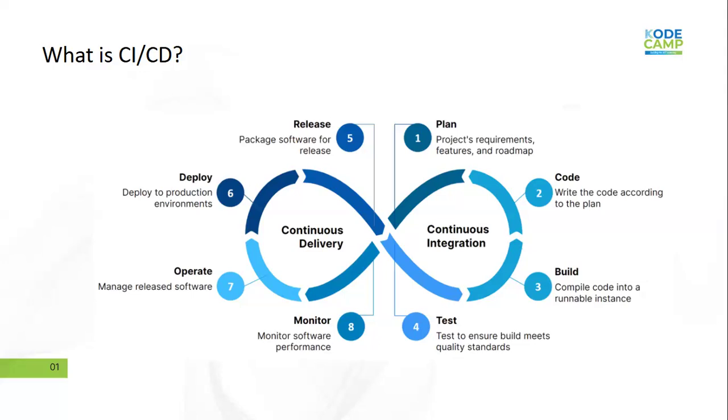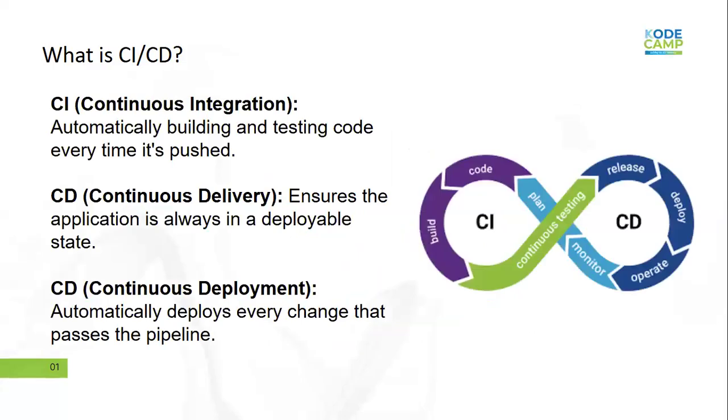So that's what CI/CD is basically, at the highest level. That's what CI/CD means. So now let us explain what CI/CD is. CI means continuous integration, automatically building and testing code anytime it is pushed.